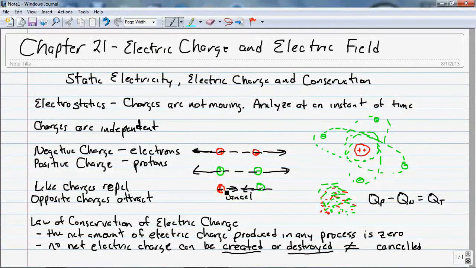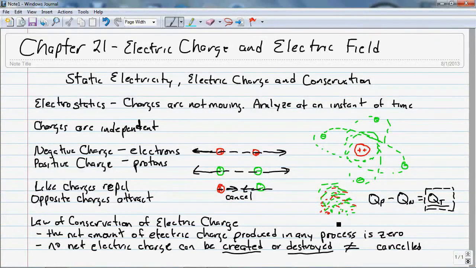It's going to cancel out evenly, one positive to one negative. And so my last look at the total is going to be whether I have more positive or more negative. That's what that Q total is going to be. So even if charges cancel, it's not going to affect this Q total.